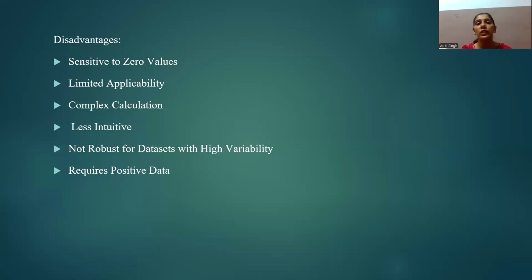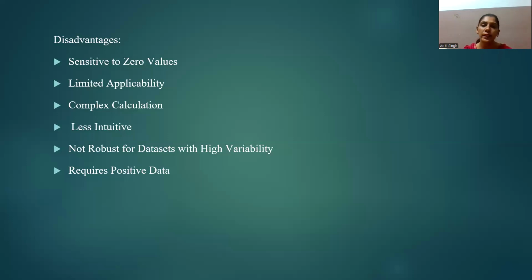It is only used in specific scenarios where the data is better represented by the harmonic mean. So the applicability of the harmonic mean is very limited, as you cannot apply harmonic mean on every type of data set. Okay, so if some topic has its advantages, it also has its disadvantages. So harmonic mean is basically not applied on zero values, and it is not applicable on some sets of data.